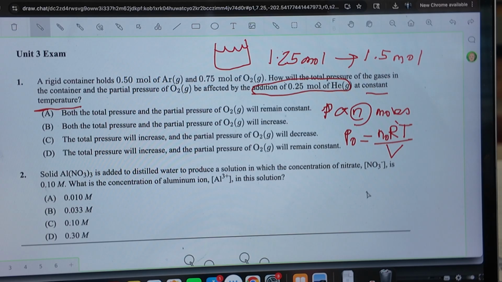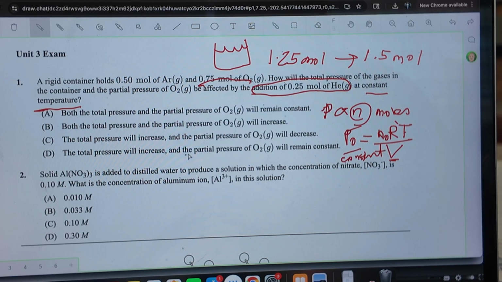And so nothing changes for oxygen, because oxygen stays at 0.75 moles. R stays the same, it's constant. Temperature stays the same. And the volume stays the same too, because there's no additional volume. So the total pressure will increase, but the partial pressure of O2 will remain constant is the answer.